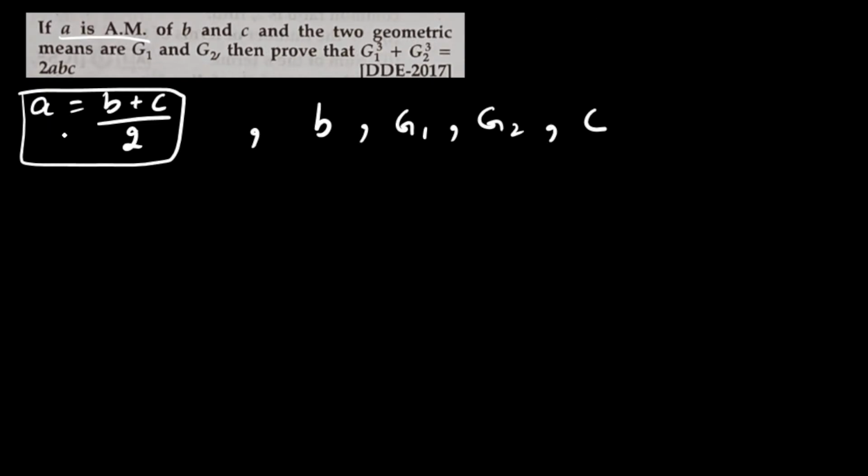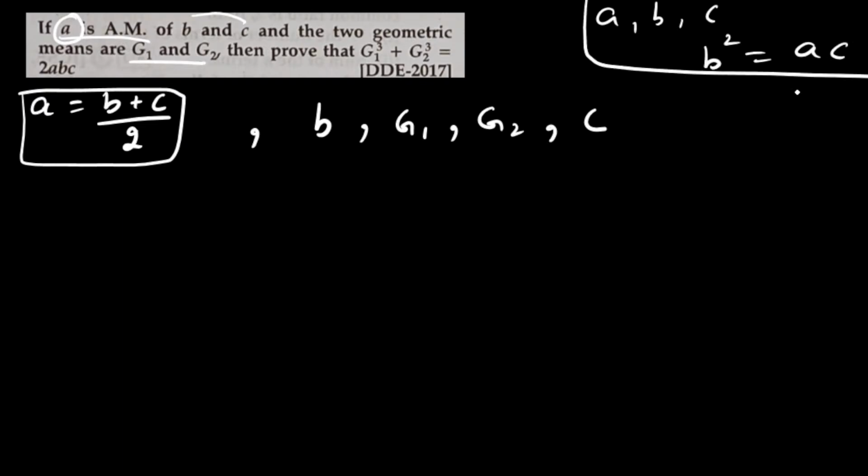Regarding arithmetic mean, you can remember the formula: A is equal to (B plus C) by 2. And regarding geometric mean, we already know the formula. If three numbers are in GP, we know B square is equal to AC, where B is the geometric mean. So this concept we have to use here.